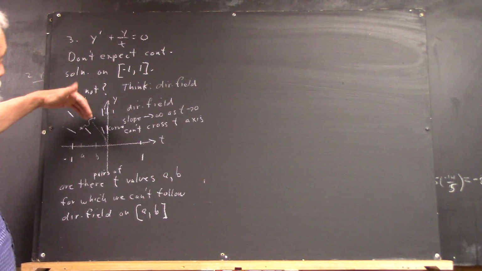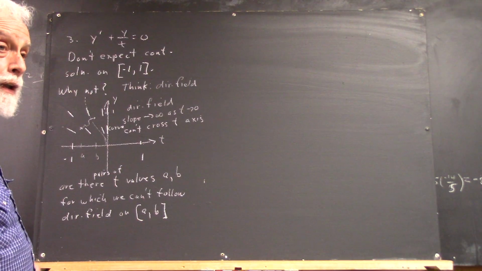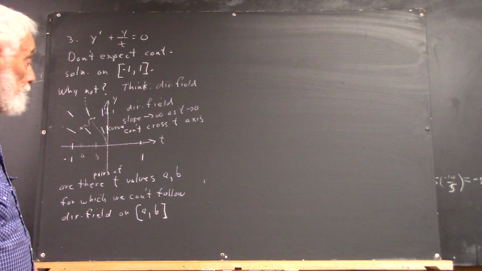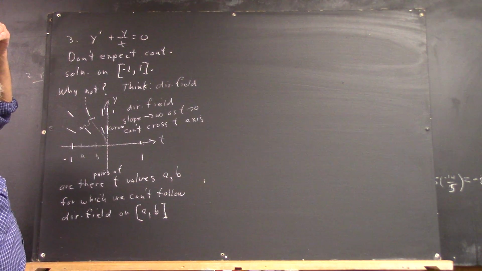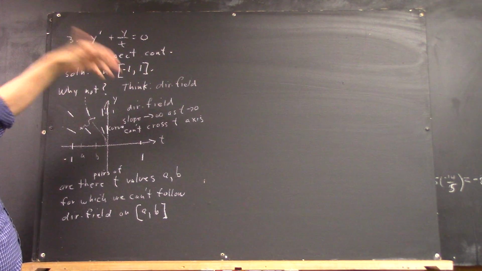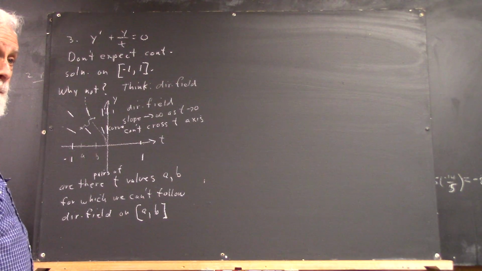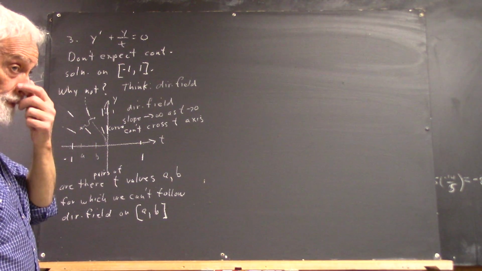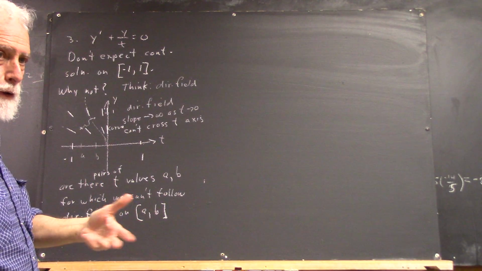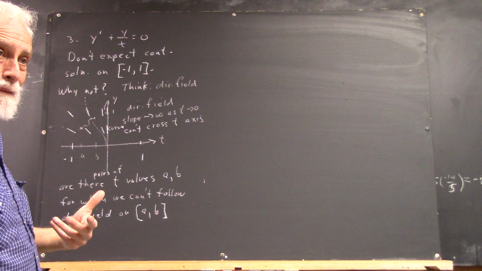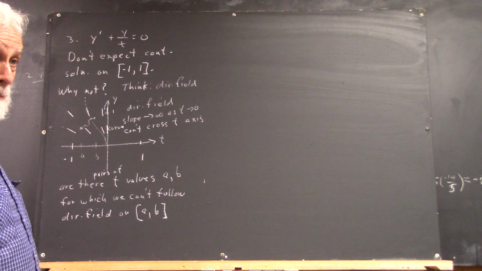Now to see what the actual shape of this thing is, we'd have to have a more detailed direction field. But that's the way it's going to work out, okay? There might be some subtle details, maybe for some specific starting points, maybe you could. But in this case, I don't think you can.